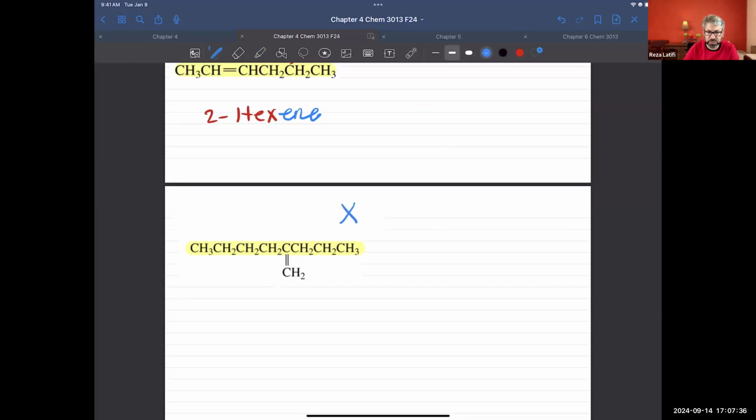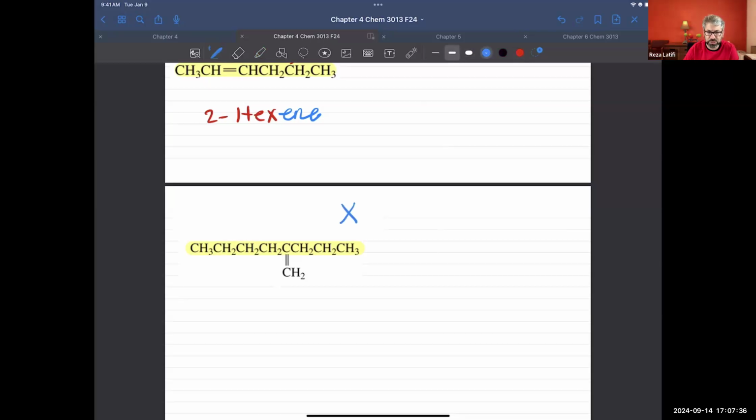Another example. This is going to be your main chain. You start labeling from the left side because the double bond carbon will have a smaller number. So I go 1, 2, 3, 4, 5, 6, 7, and 8. This is methyl, and that one is ethyl.